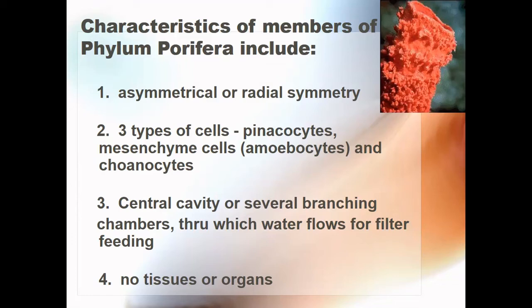So there are three types of cells found in the Phylum Porifera. We have the pinacocytes, located on the external part of the sponges. We have the mesenchyme cells found in the inner portion of the sponges, and the choanocytes. These are flagellated cells that will serve as the filtering cells inside the sponge. The central cavity or several branching chambers are the pathway where the water will go in and exit.